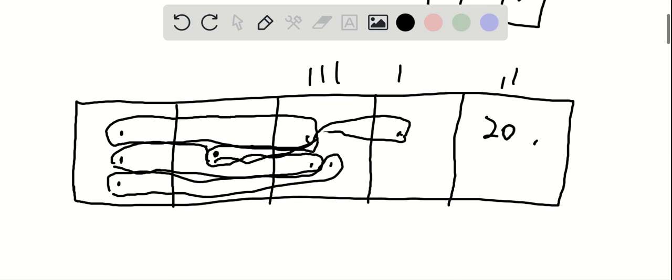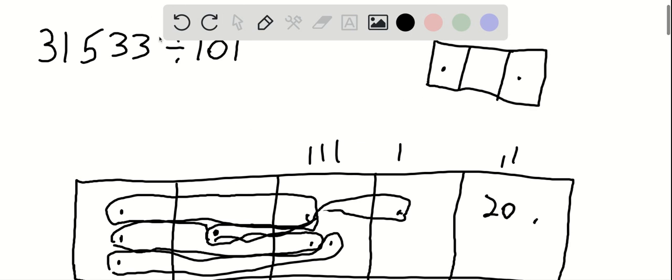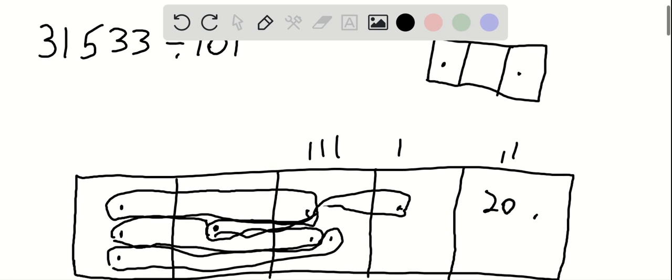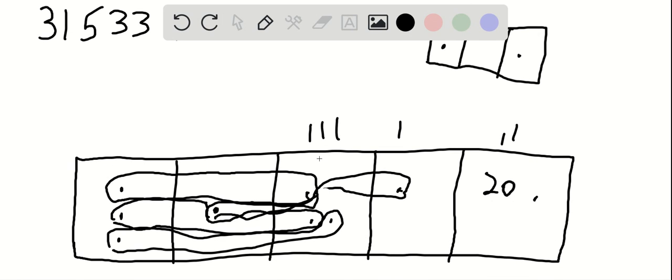We've uncovered the answer to 31,533 divided by 101. We have three groups at the hundreds level, one group at the tens level, two groups at the ones level, with 21 dots left over.